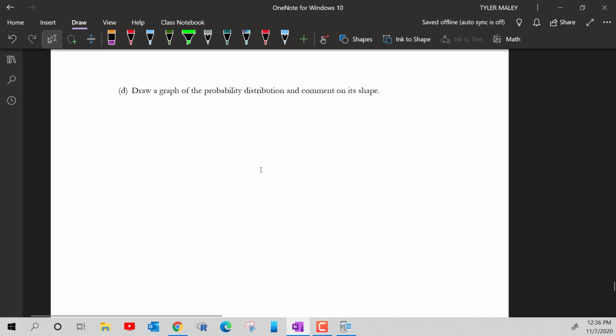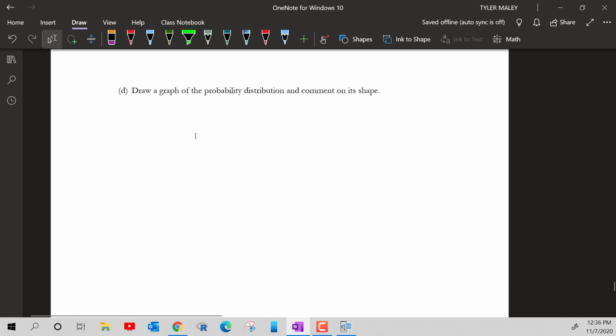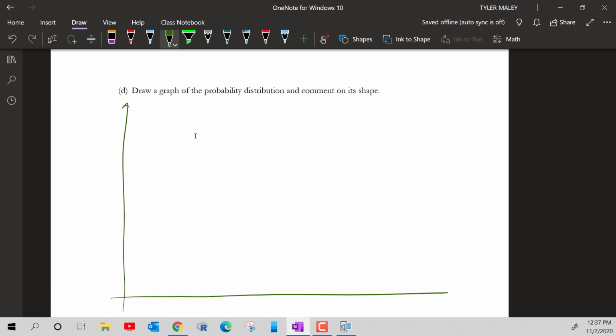So then the next part, part D, says to draw a graph of the probability distribution and comment on its shape. If you're graphing this by hand, we need to have an x-axis, and this would be the probability of x happening. I'm going to go up by 0.05 in the probabilities.